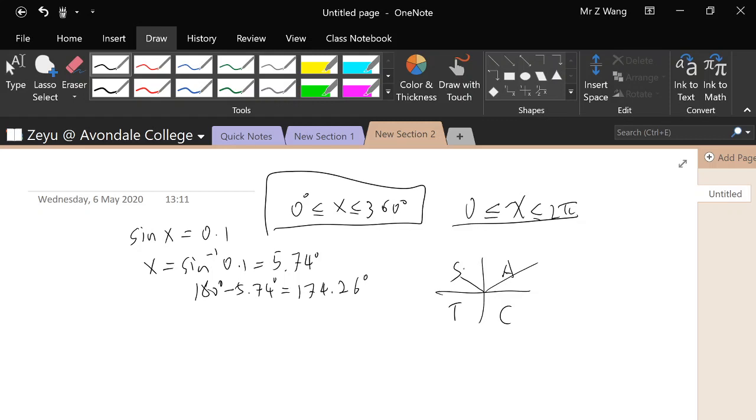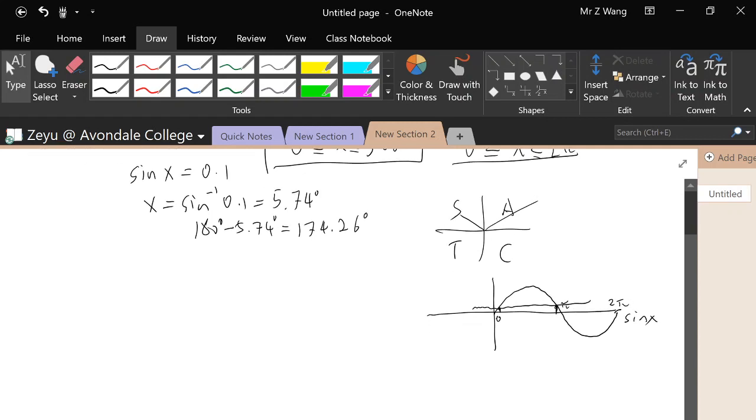Remember, the sine graph only has two solutions within 0 to 360. Graphically speaking, it means this: from 0 to pi, sine x equals 0.1, we have one solution, we have another solution. Done, right? So this is the first question.